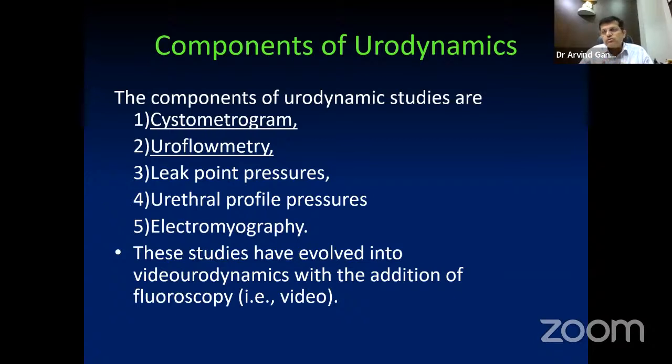Dr. Dastur was very fond of seeking leak point pressures, particularly when we are doing pediatric urodynamics, because we want to make sure that the leak point pressures are always less than 40. Urethral pressure profilometries are almost given up, but sometimes if you are suspecting a DSD, many times you will have to use the EMG probes as well. So all in all, what is important is what I have underlined: cystometrogram, uroflowmetry, and sometimes EMG.